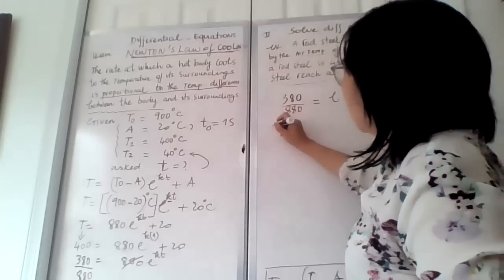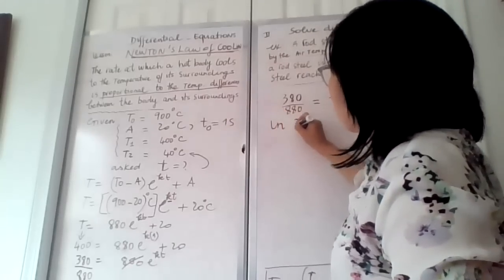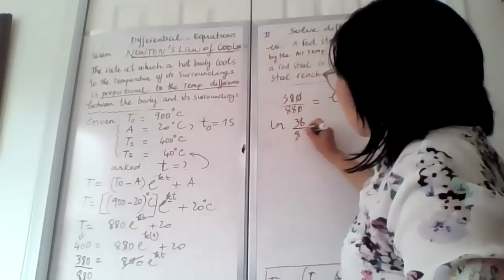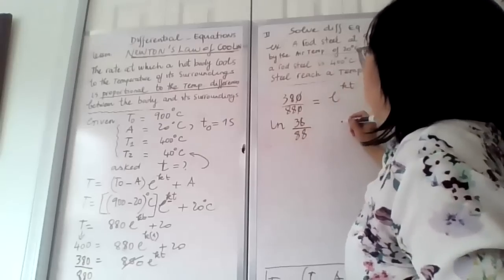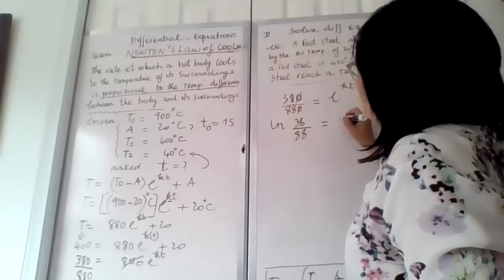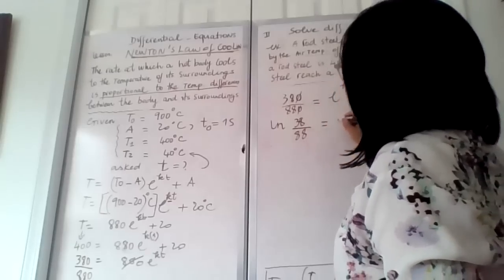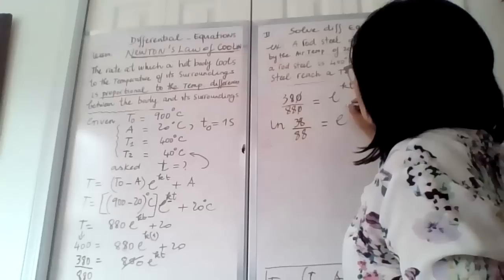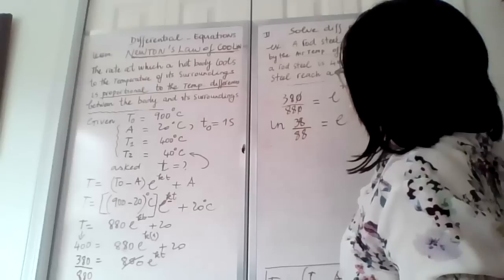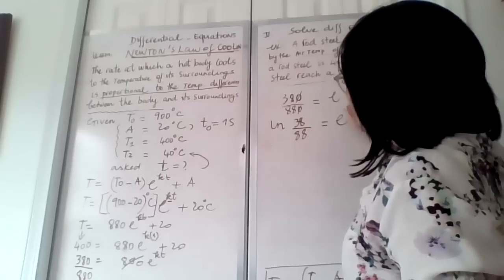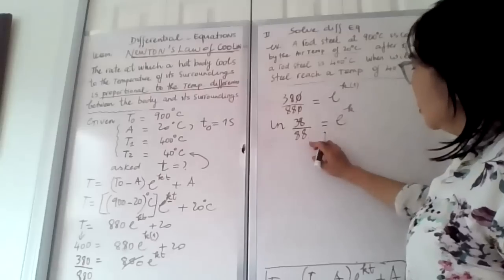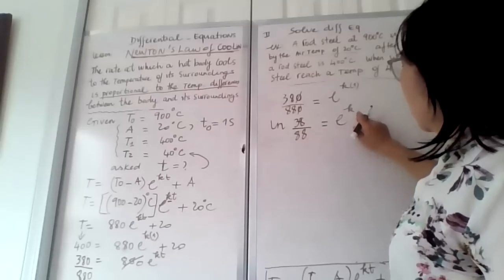So if we take ln of both sides, ln of 380 over 880 equals ln of e to the power k.